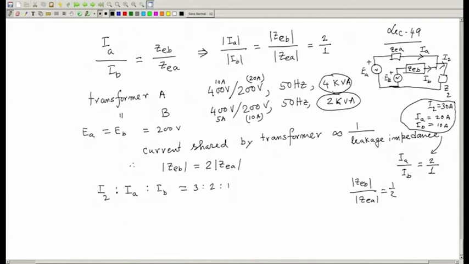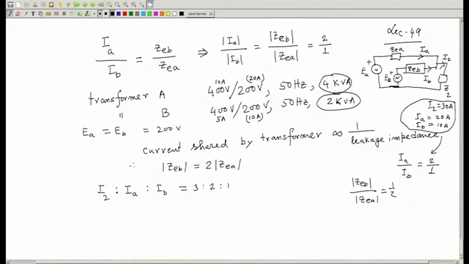The moment you start loading, the transformer which is capable of supplying more current, for a given load current, will always take less current, and the other transformer which has lower kVA will share more current. So, a situation will soon occur where transformer B, having lower kVA, will carry rated current, and transformer A has not yet reached rated current. I think you have got the idea. This is very important.